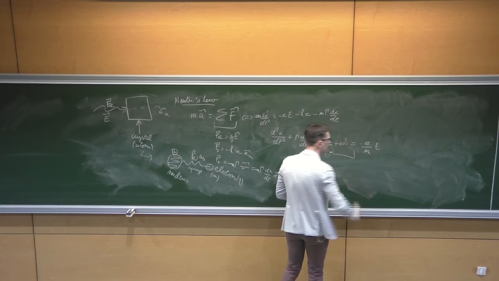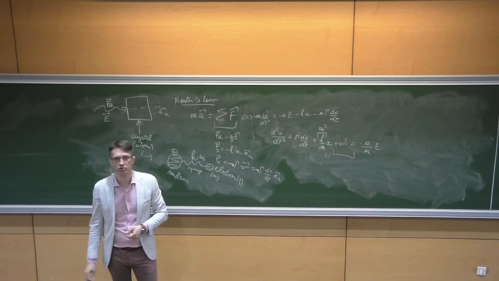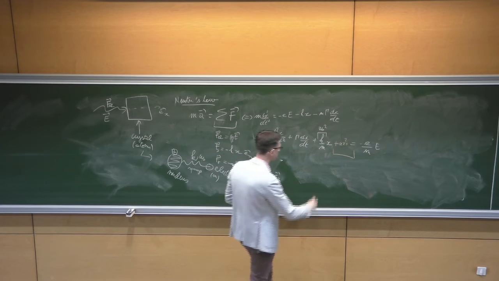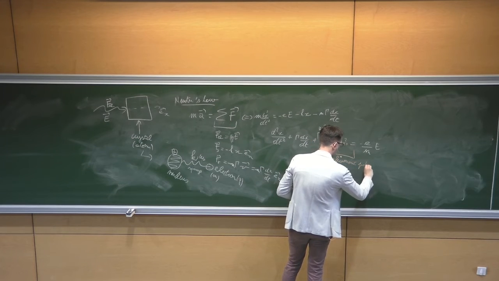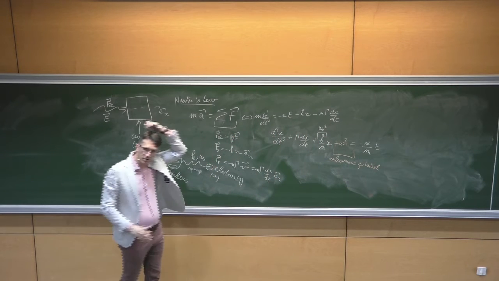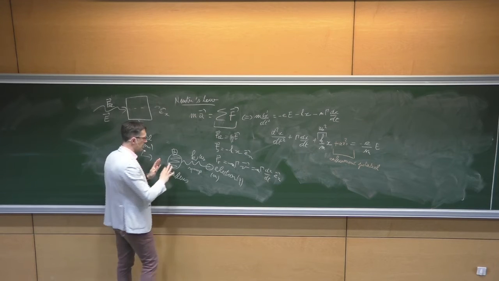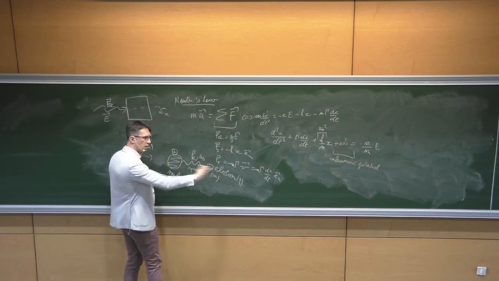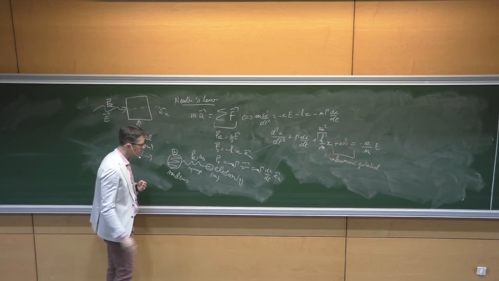And this part is what we call an anharmonic potential. So this is classical mechanics, and I have a spring, so I have an oscillator, something that oscillates.